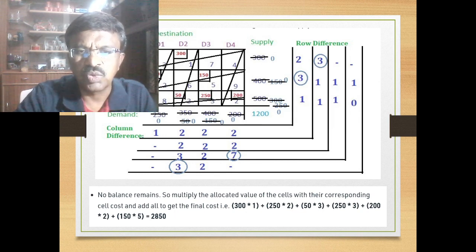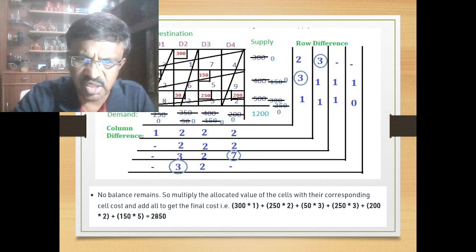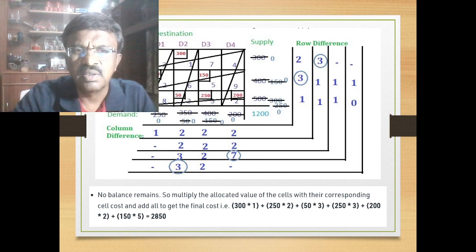Then how to compute the transportation cost? We have to multiply the particular allocations with the corresponding costs. So 300 into 1. Then for the second row, 250 into 2 plus 150 into 5 plus 50 into 3 plus 250 into 3 plus 200 into 2.